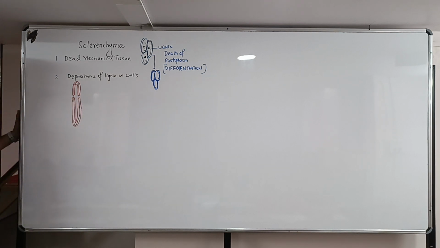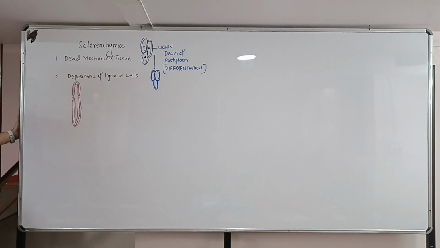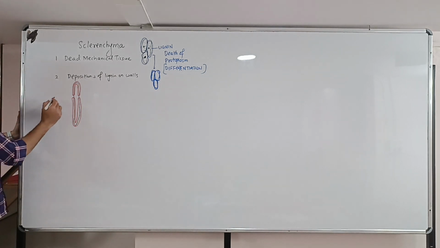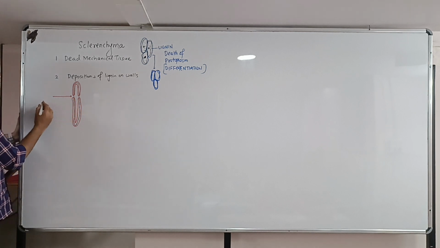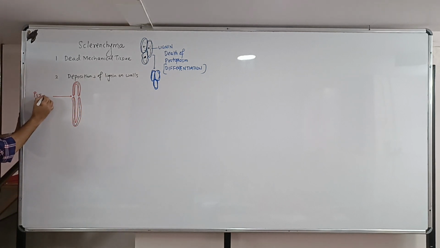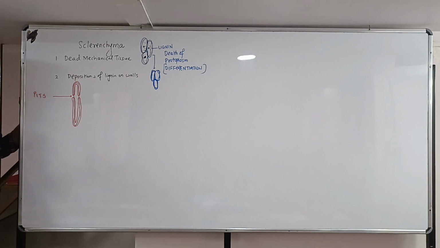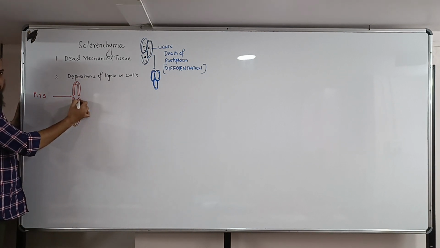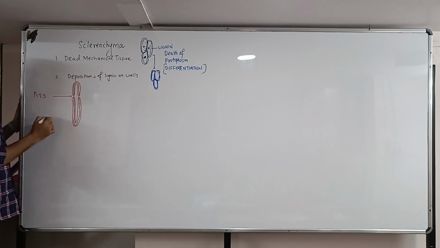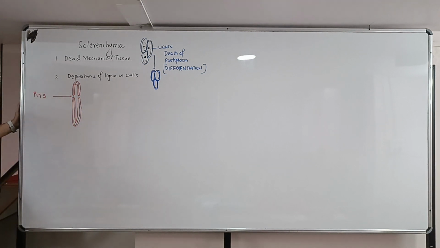There are certain areas where I see the presence of pits. And pits are not pores. I hope you understood my point. I said they are pits, they are not pores. Because if you see, the lignin is absent, but the primary wall layers are there.